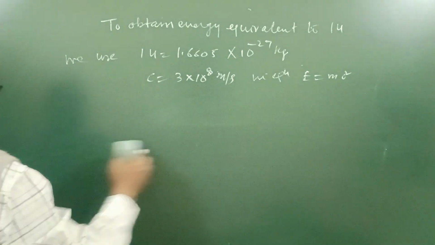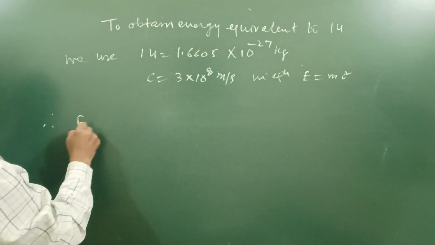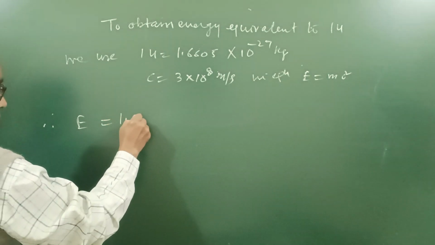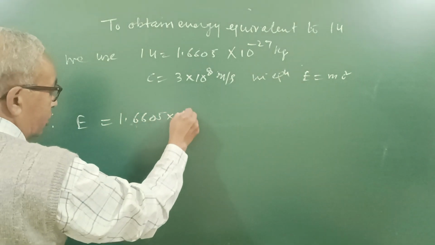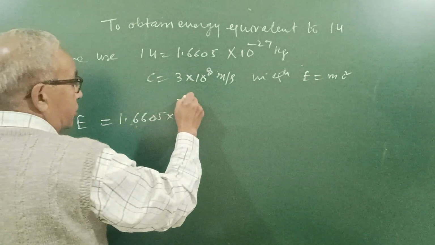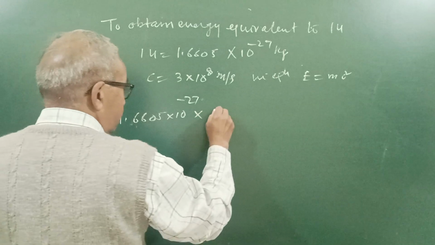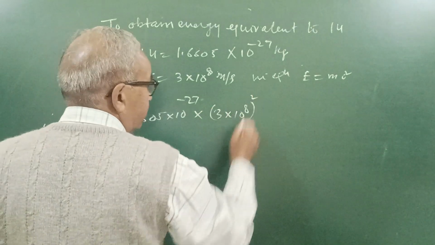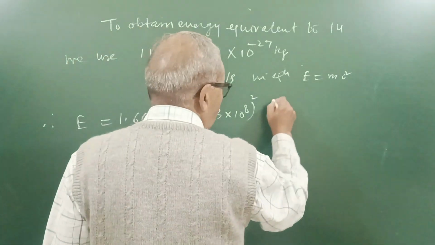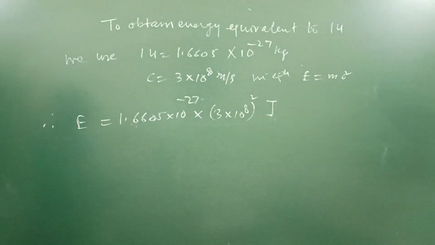So we get here E equal to 1.6605 × 10⁻²⁷ into (3 × 10⁸) square. It will come out in joule.